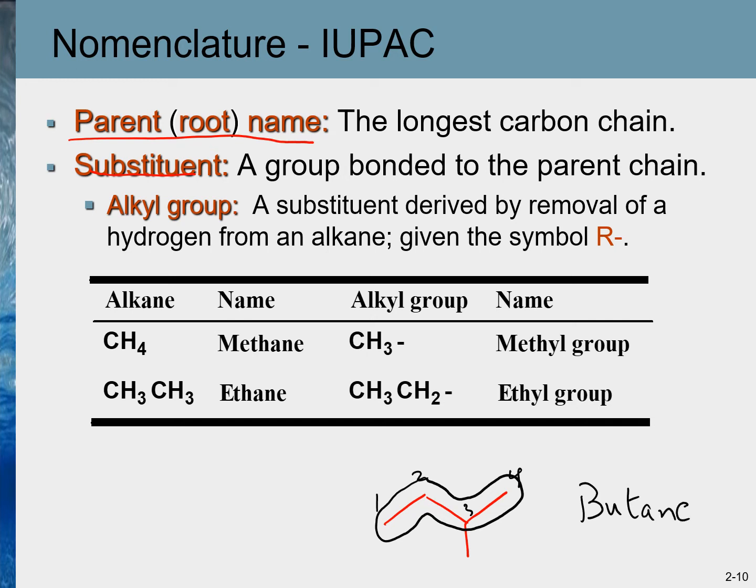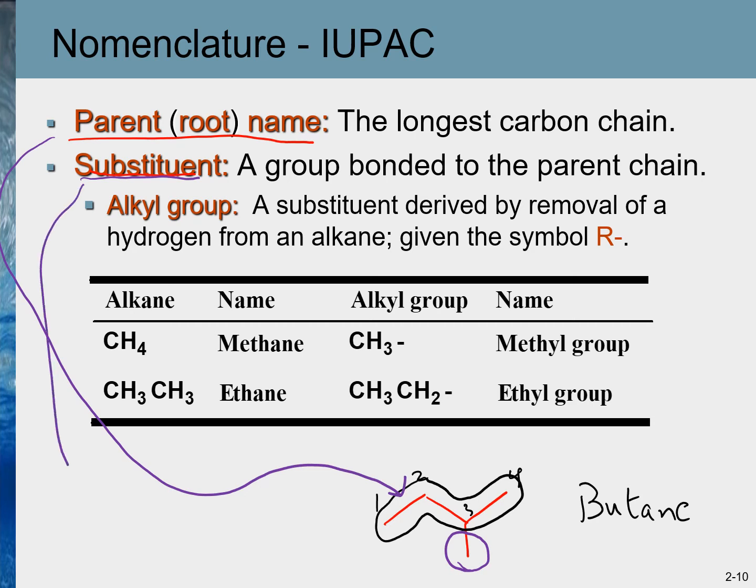So our parent chain is butane in this case. However, we do have a group or a branch. This branch or group is called a substituent. So in this example, our parent chain is butane and our substituent is this one.